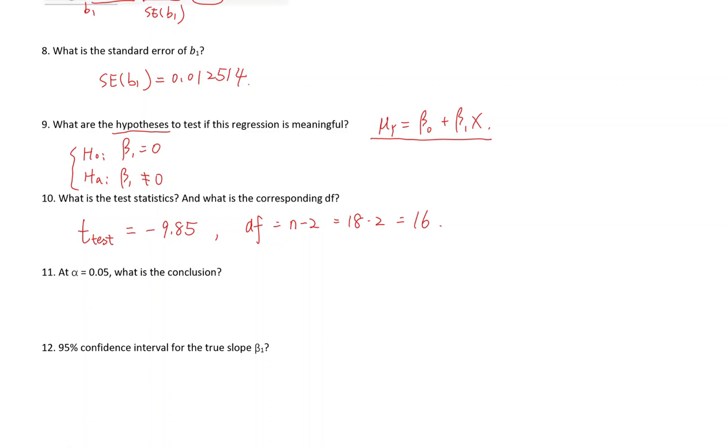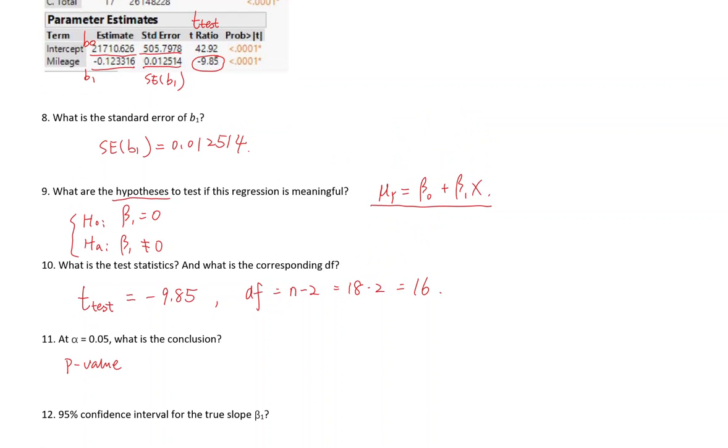Next, at alpha equals 0.05, what is the conclusion? When we have the hypothesis test, if we want to get the conclusion, we need the p-value. We want to compare the p-value with alpha to say reject the null hypothesis or not reject the null hypothesis. So first we need to find our p-value.